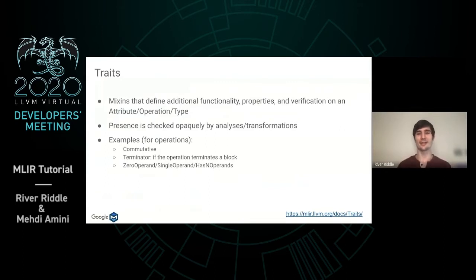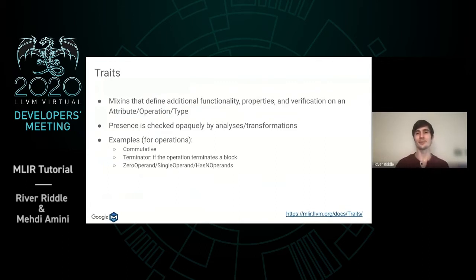And we can see this in some of the examples of how traits are used. So we can specify some mathematical properties such as, is an operation commutative, is it associative? We can define more structural properties such as, is this a terminator for a block? And this also goes down to the lowest level. For example, the accessors and verification for even the amount of operands that an operation should have are handled via traits.